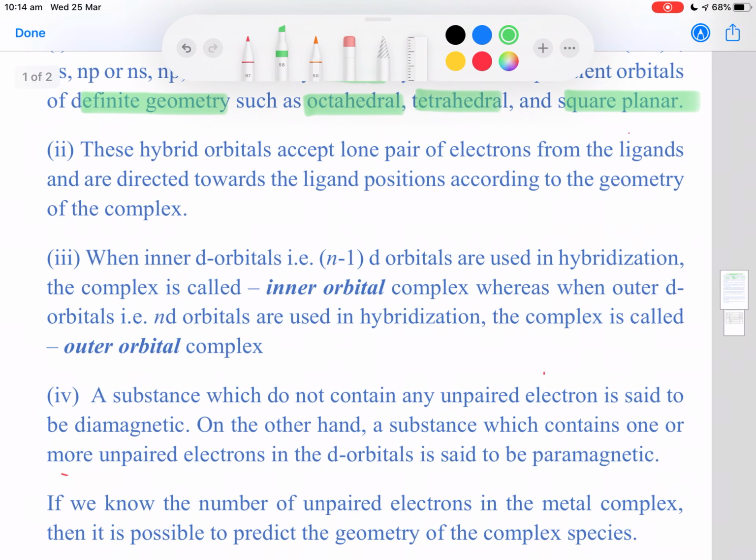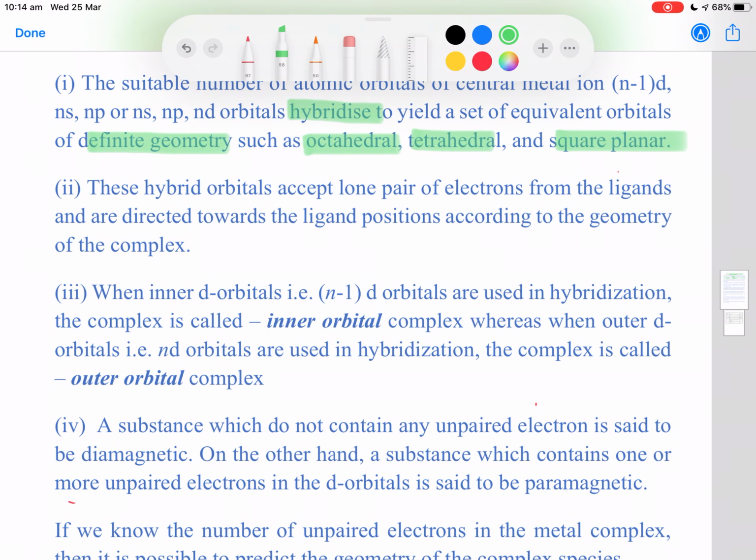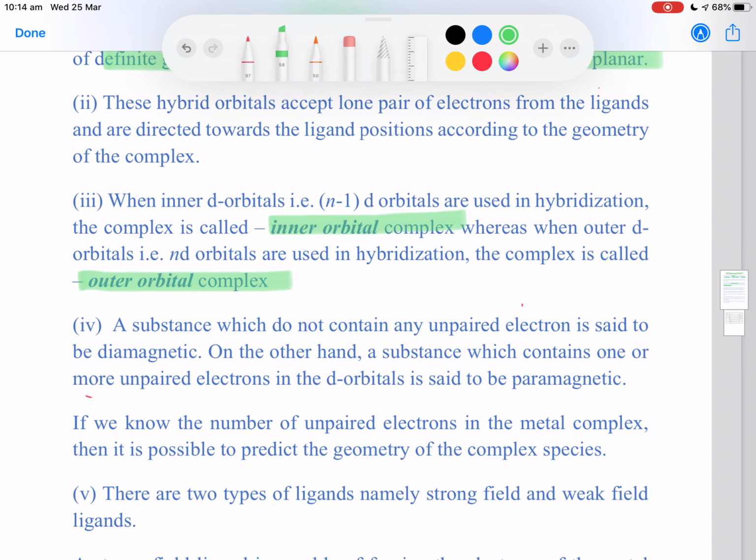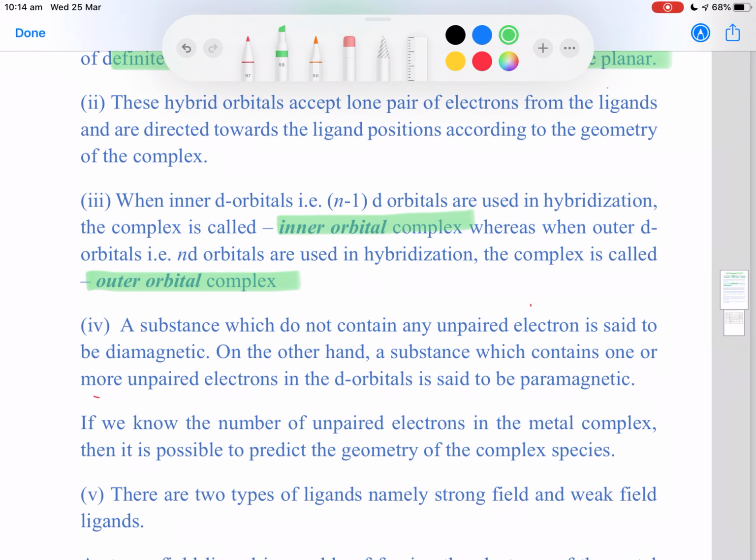Based on the geometry and hybridization, we also come to know whether the complex is an inner orbital complex or outer orbital complex. And a very important point about this VBT is it also helps us to understand the magnetic behavior in case of complexes. So when I say magnetic behavior, whether the complex is diamagnetic or paramagnetic.